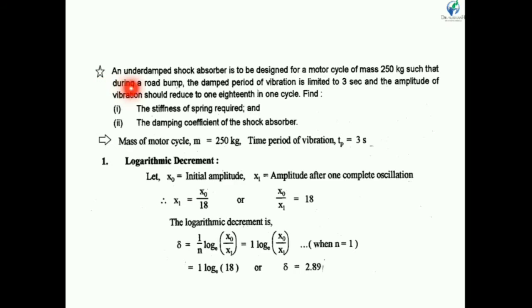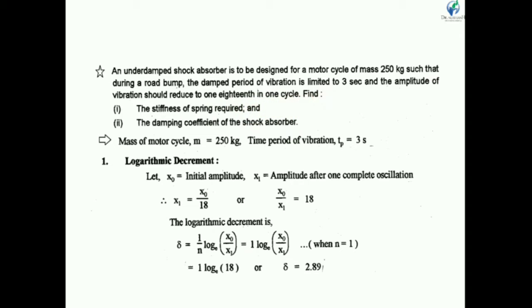An underdamped shock absorber is to be designed for a motorcycle of mass 250 kg, such that during the road bump, the damped period of vibration is limited to 3 seconds and amplitude of vibration should be reduced to 1/18th in one cycle.